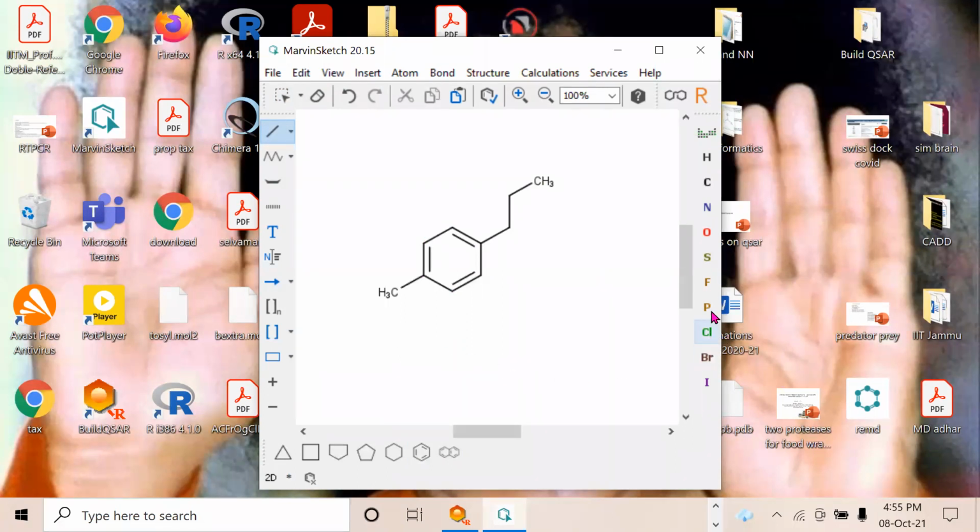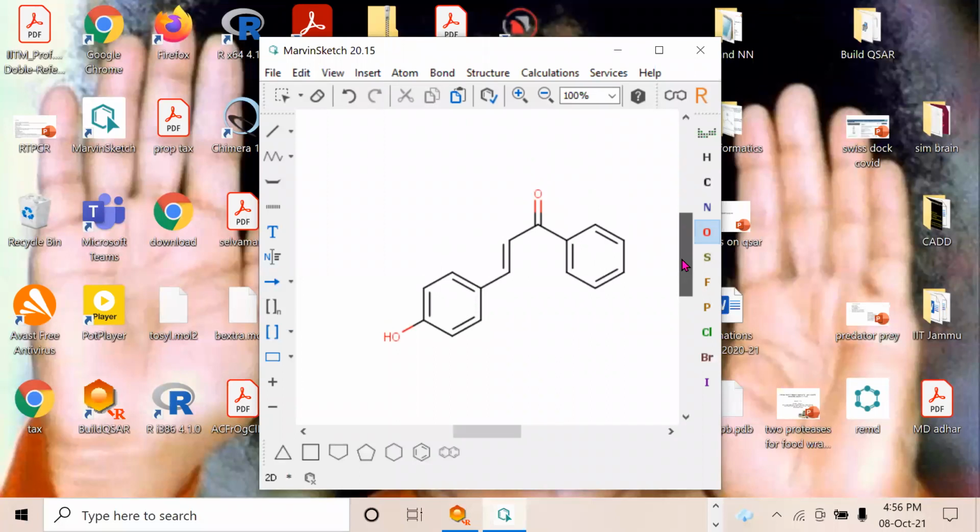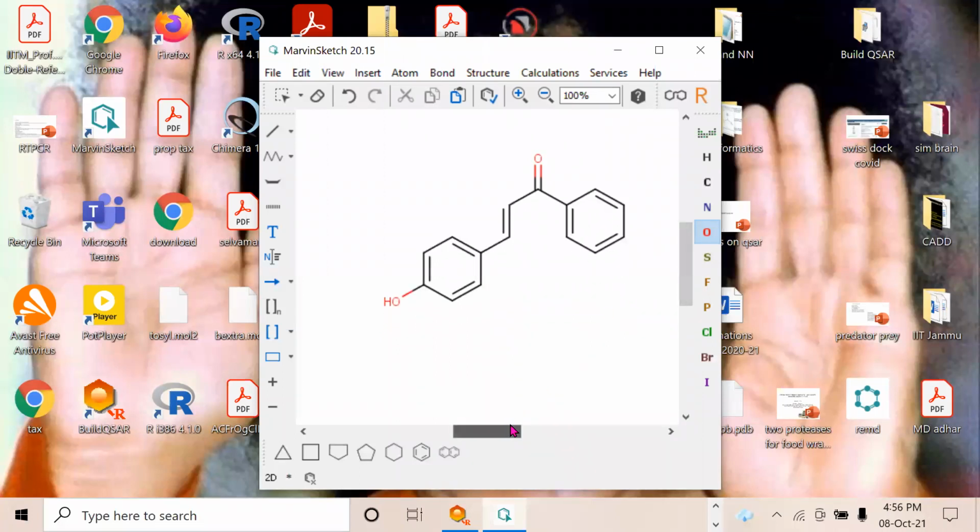So I'm just giving some structure. Imagine I have drawn this. The structure is unfortunately not there in the ZINC database.